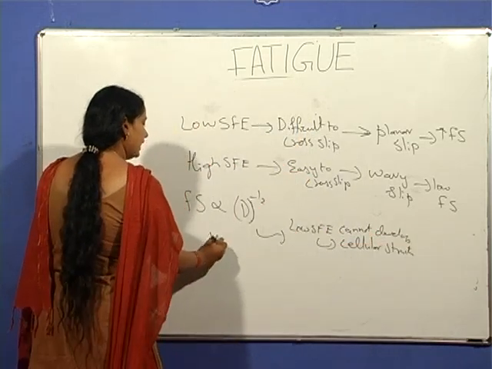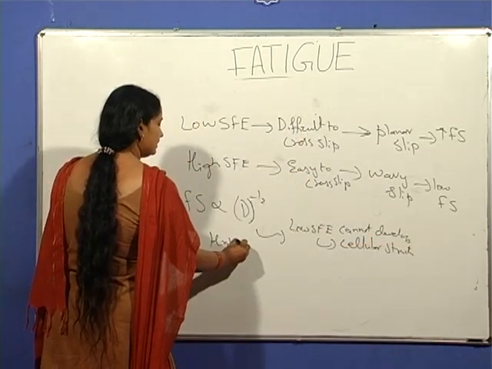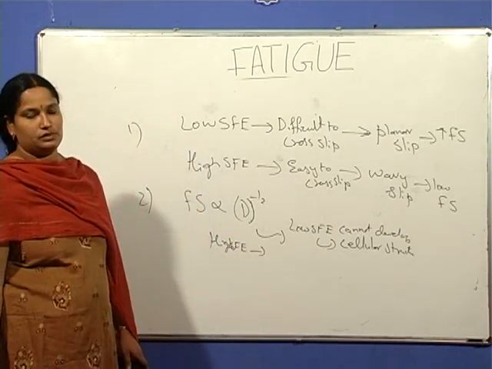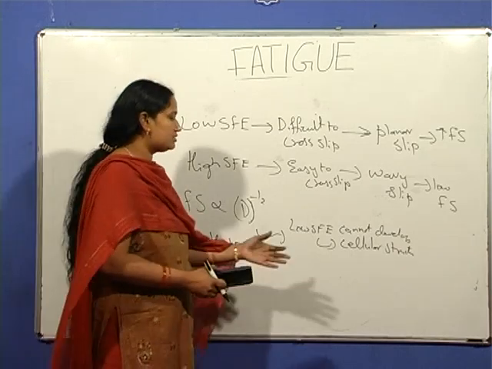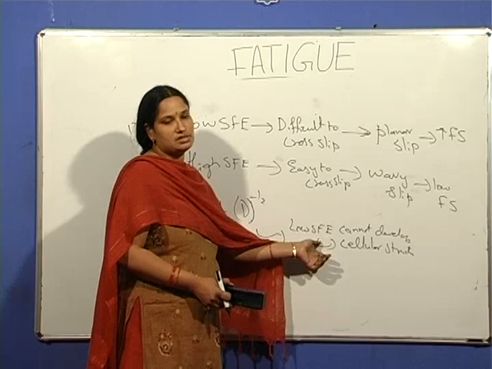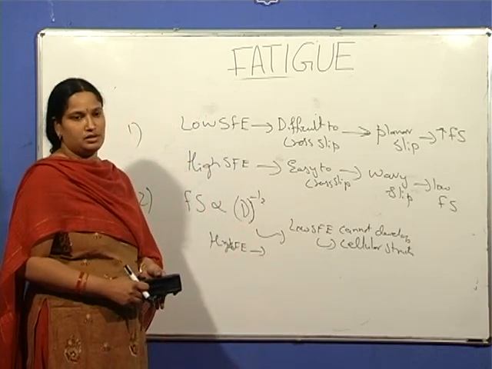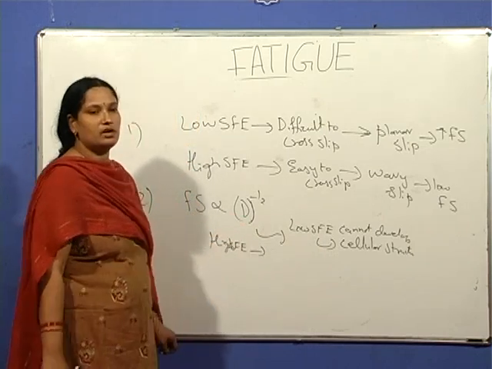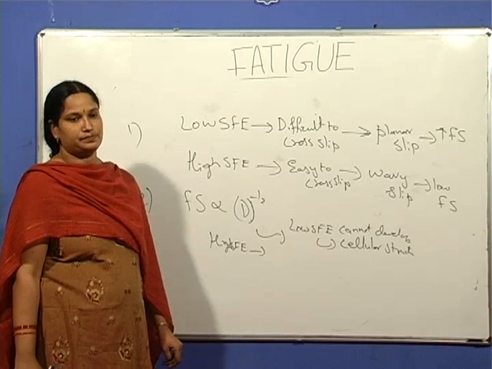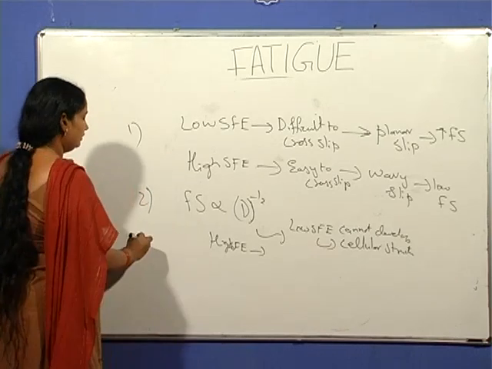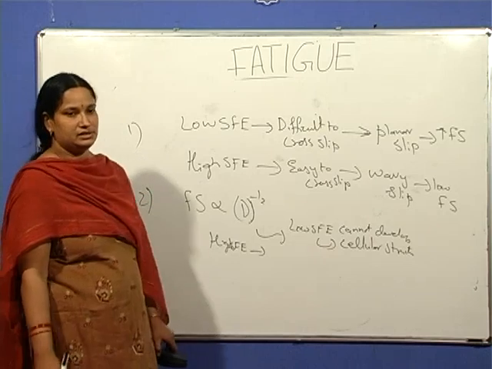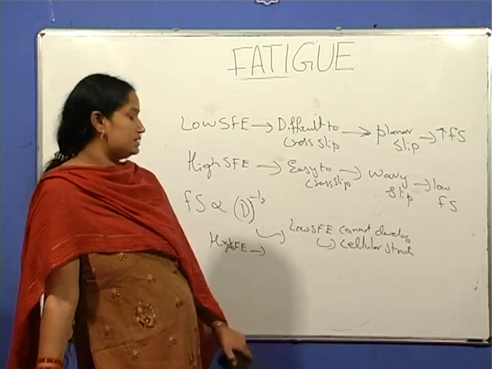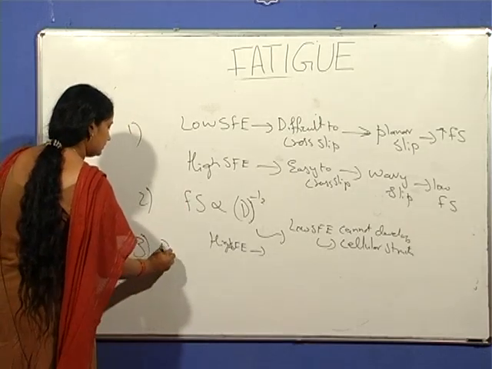Whereas high stacking fault energy metals develop this cellular structure, which restricts the crack propagation. So the effect of grain size is masked for high stacking fault energy metals. Another variable that affects the fatigue life of the specimen is surface roughness.